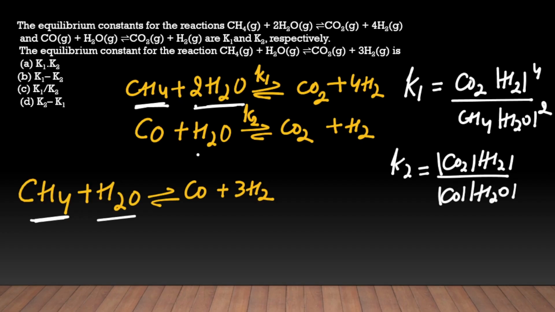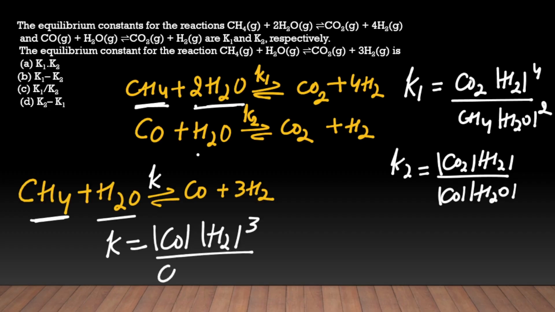The final expression, that is the K value we need, is equal to CO into the hydrogen raised to the power of 3 upon the methane into the water. So how can you, using this 1 and 2, reach this desired equation?